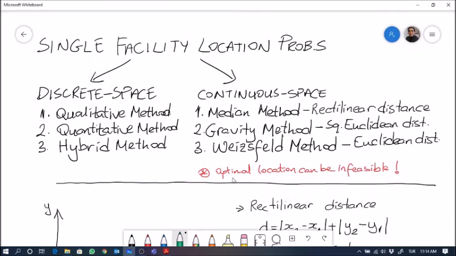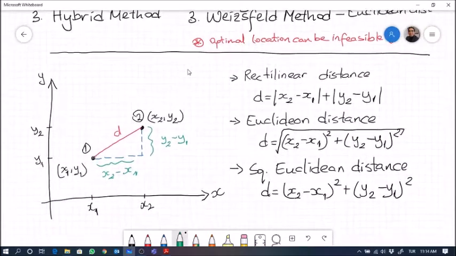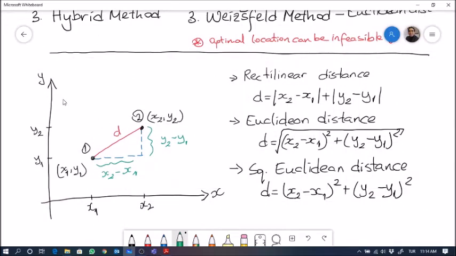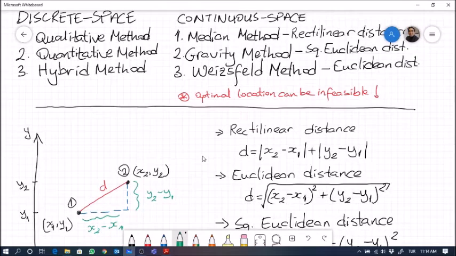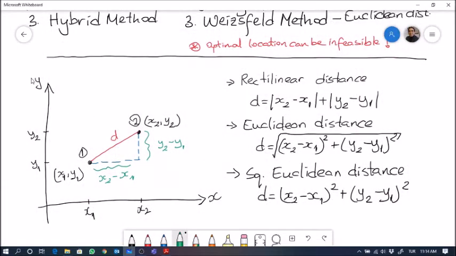Before talking about the contour line, let me remind you about the distance metrics once again. As we said, the median method uses the rectilinear distance. So what is the rectilinear distance? Let's say we have a Cartesian coordinate system with 2 points, point 1 and point 2. The point 1 coordinates are x1 and y1. Point 2 coordinates are x2 and y2.